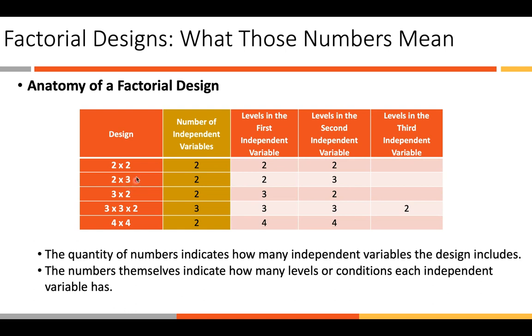And so we change this number to a 3 to reflect the addition of a level to that variable. We can skip down here to this big one that says 3 by 3 by 2. So what this means is that we have what we would actually call a three-way factorial ANOVA, because I have three variables.